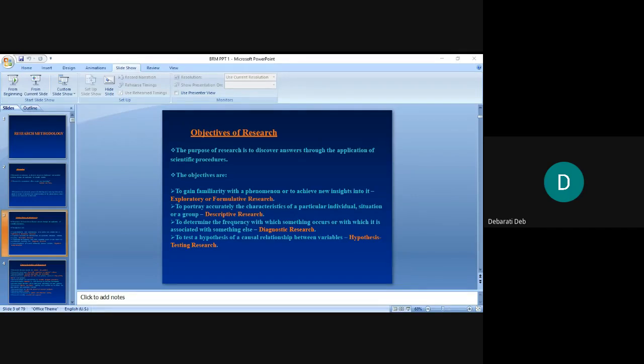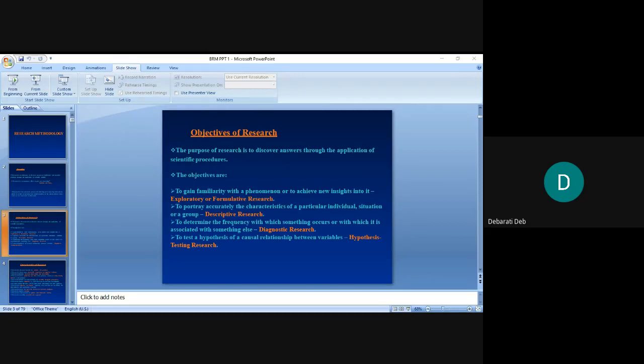Scientific procedures means the managerial procedures which are scientific in nature. You have learned this, no? Management is an art as well as science. You have learned that, right? So that science, that technicality of dealing with problems and information, you will have to use, and we'll teach you how to apply the scientific process.